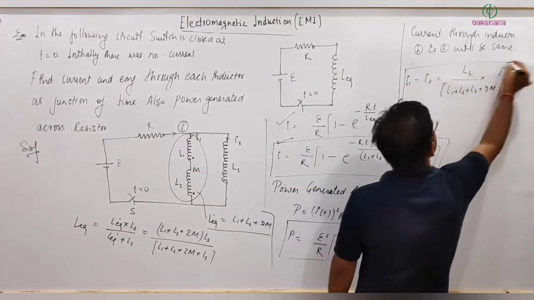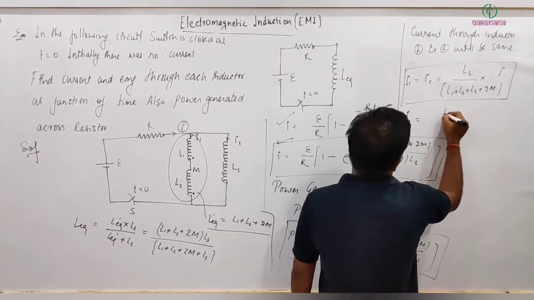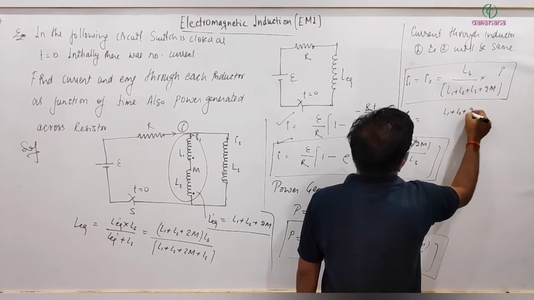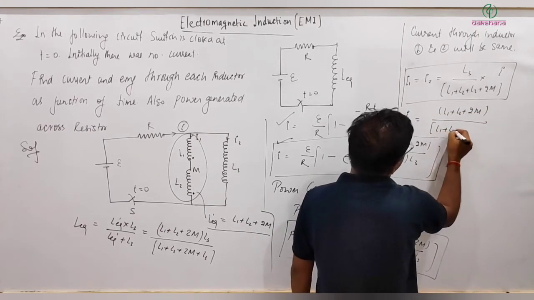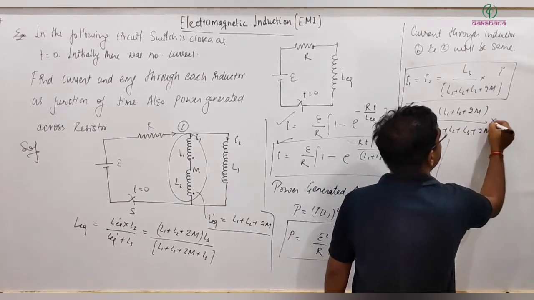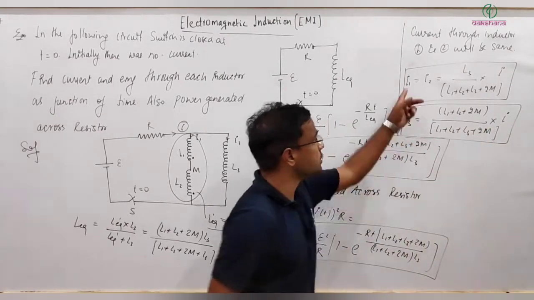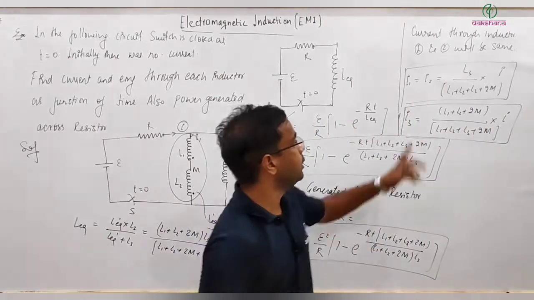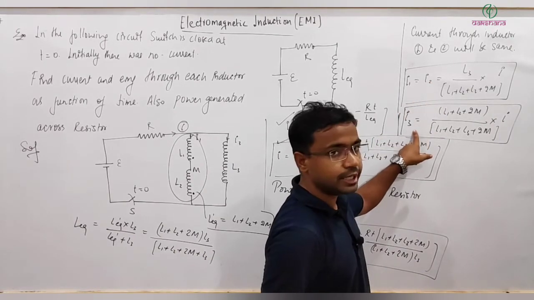So we got I1, I2. Similarly, I3 can be written as (L1 plus L2 plus 2M) divided by (L1 plus L2 plus L3 plus 2M) multiplied by the total current. So I got the current through inductors 1, 2 and 3.